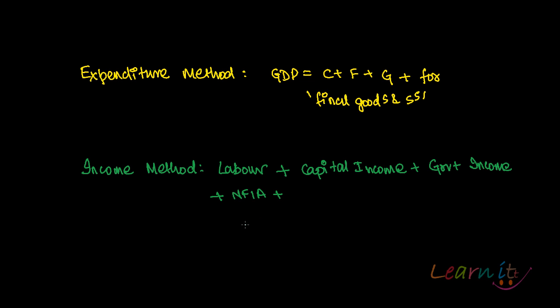So if we are considering the US as the domestic economy, then US residents who are working abroad, their income will be added in this method in calculating GDP. But the income of the foreigners who are working in the US will not be added in GDP.